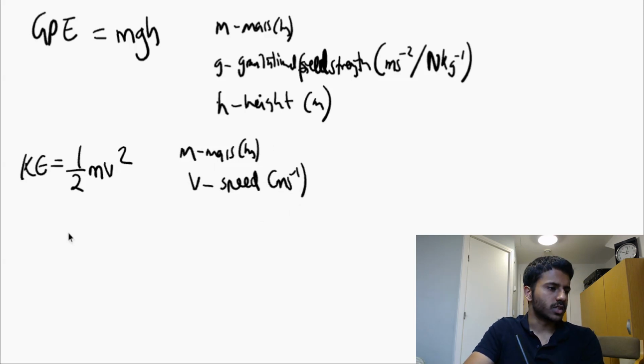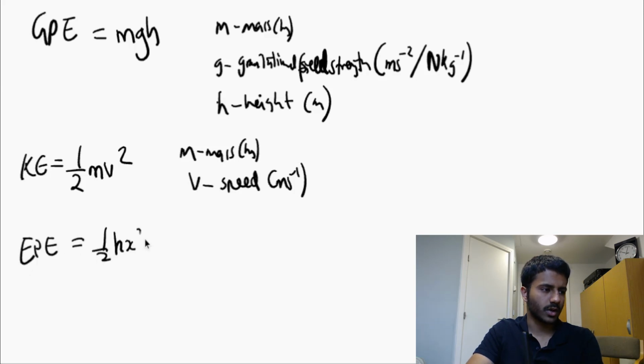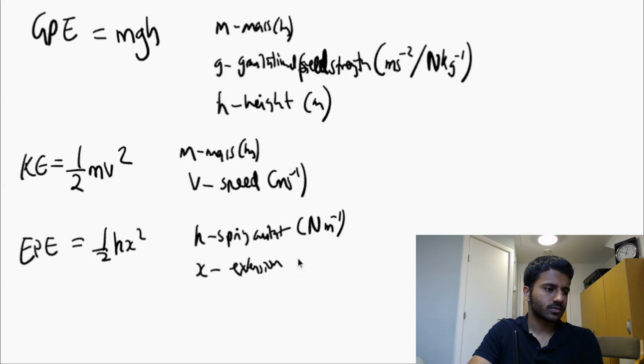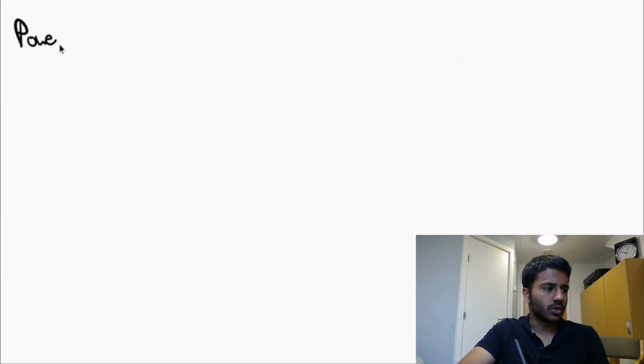And the last equation, which you may not always see that often, is your elastic potential energy, which is a half kx squared, where k is your spring constant and x is the extension. Spring constant is in newtons per meter and the extension is in meters. Your power equation, which we covered in the electricity topic module, is equal to energy over time.